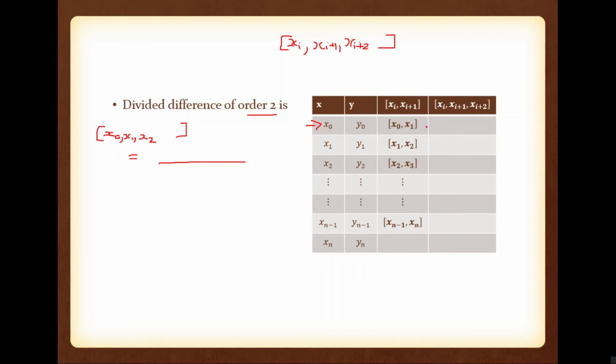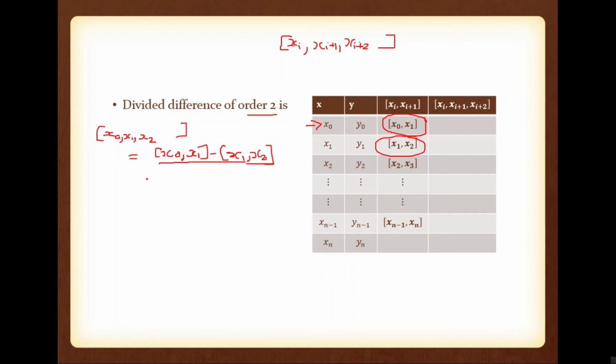Here also, the numerator is the difference between elements of the previous column: the current element [x0, x1] minus the next element of the first order divided difference, [x1, x2]. So the numerator is [x0, x1] minus [x1, x2].